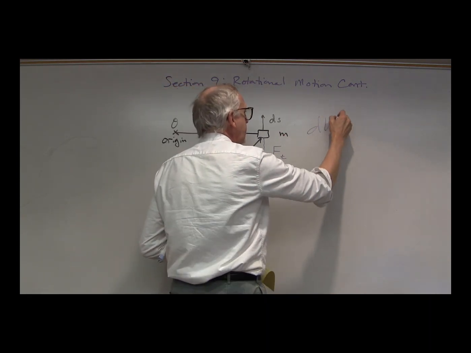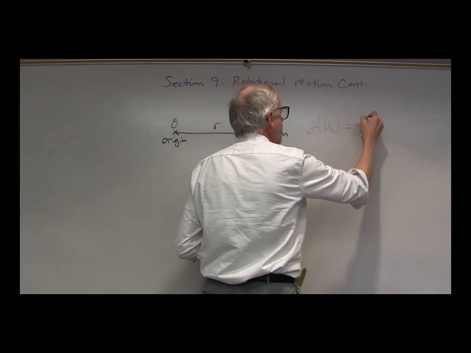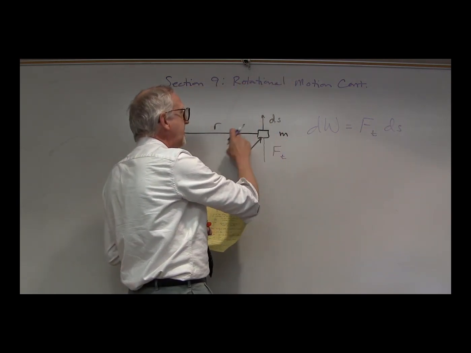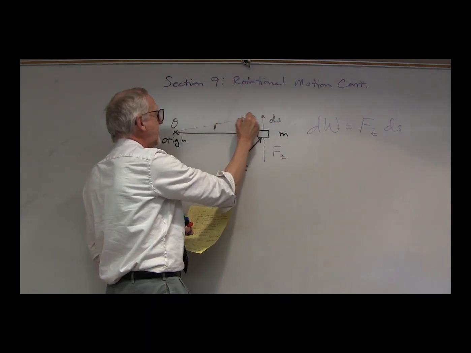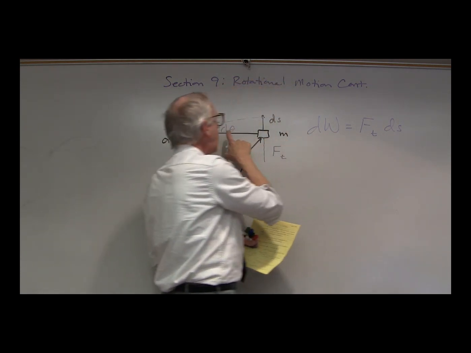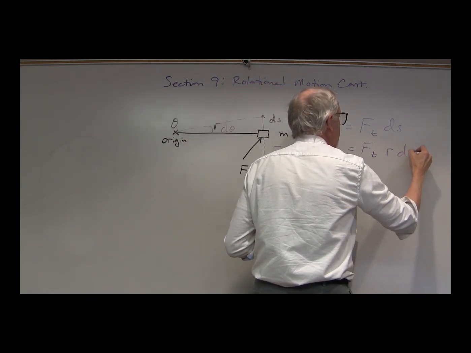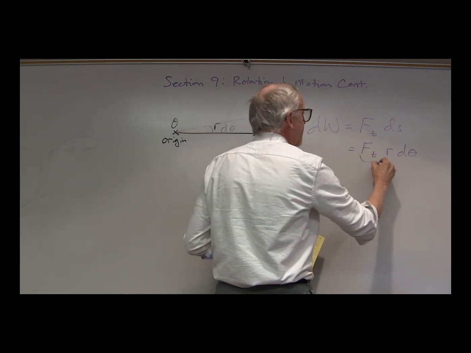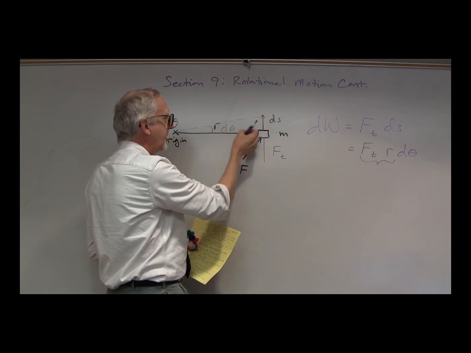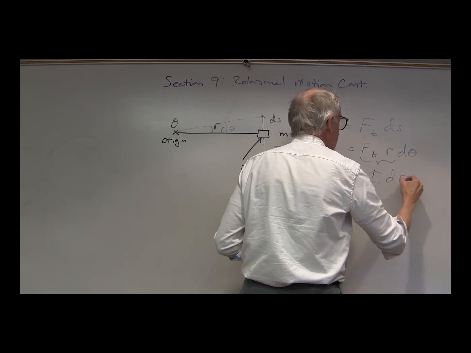The work done then in this infinitesimal motion, say ds, is equal to Ft times ds. Now ds we already have seen in terms of the change in motion. Here, if this is some angular change d theta, we know that ds is r d theta. So we can write this as Ft r d theta. But then what is Ft times r, the tangential component of the force, which is perpendicular to r, times r? Well, that's the torque. So that is the torque d theta.